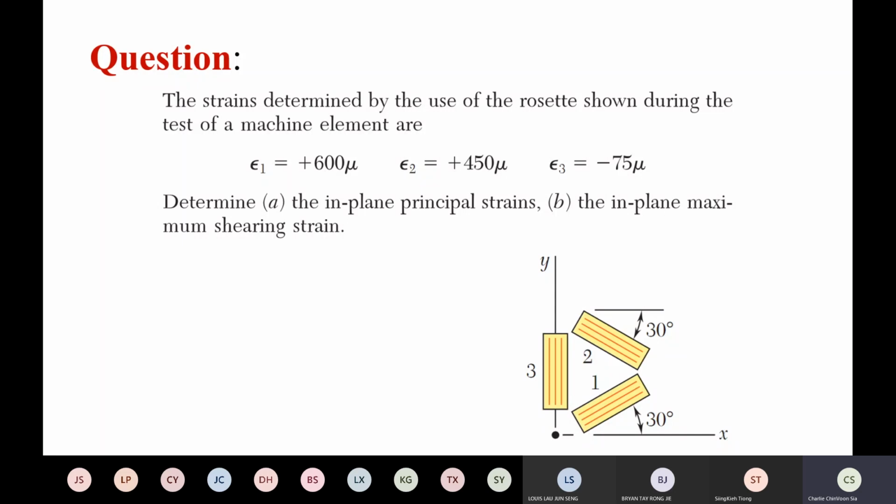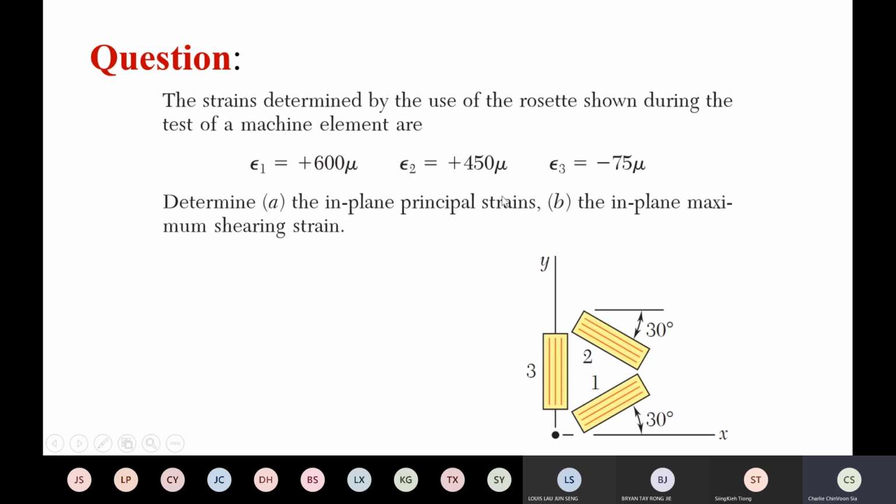So what is the principal strain? We will have a maximum normal strain value and a minimum normal strain value, and the maximum shearing strain. These are the values we determine.